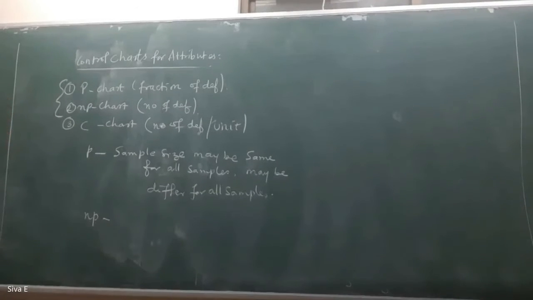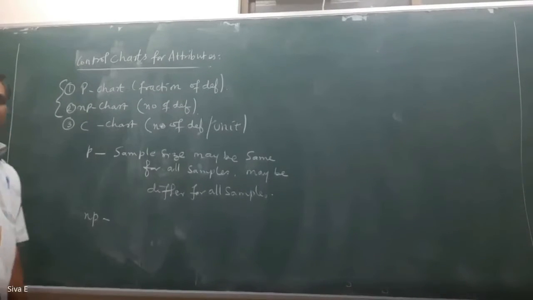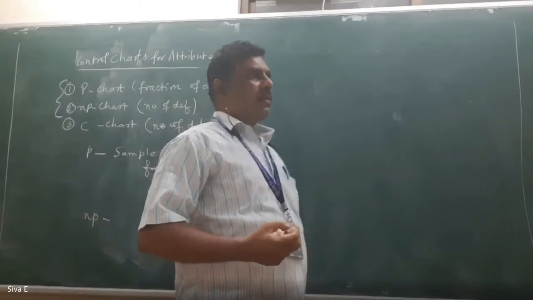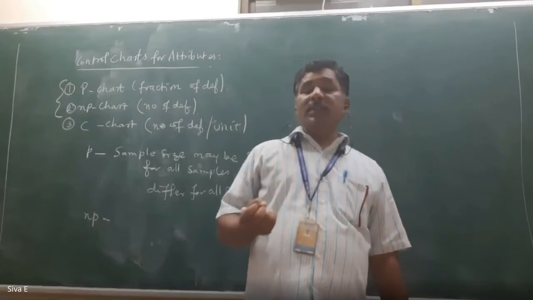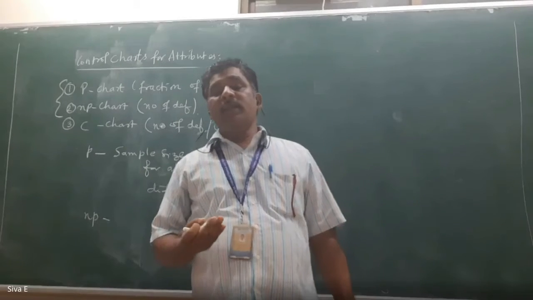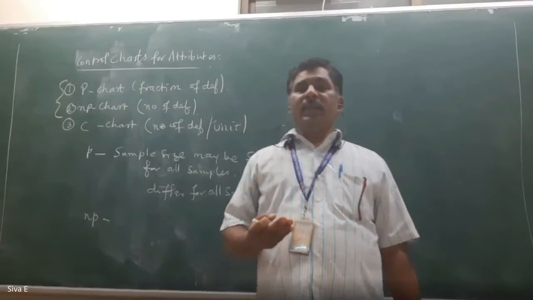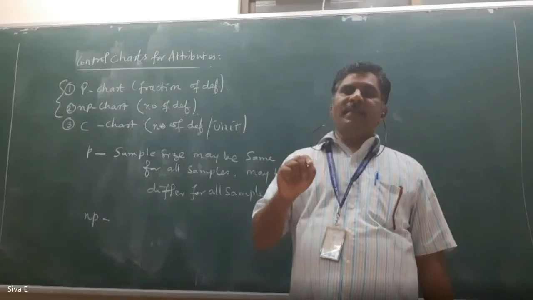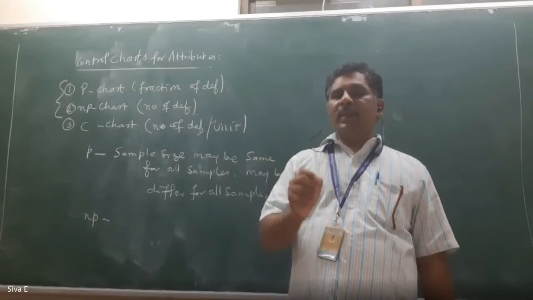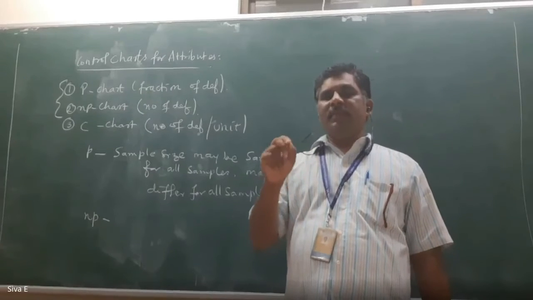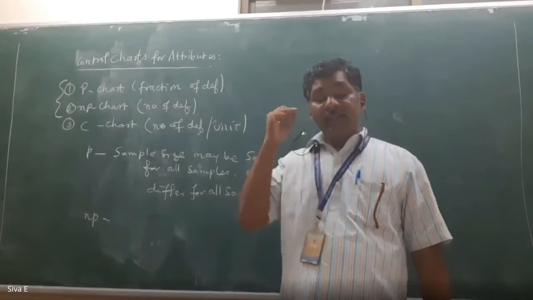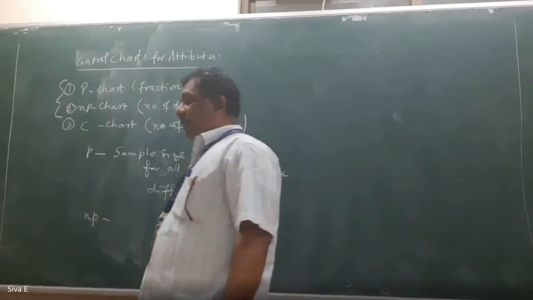But for the NP chart, listen, like when we are drawing the mean chart, R chart and S chart, in all the cases the sample size is the same. When n equals 5 or n equals 4, in case 10 samples are there, the 10 samples have the same sample size.